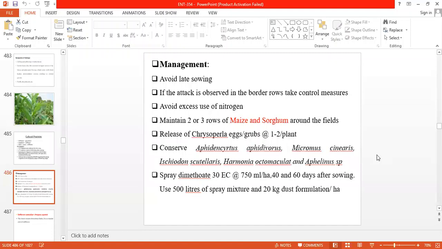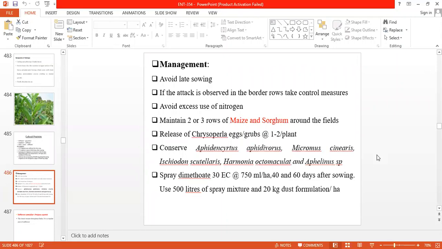If the attack is observed in the border rows, take control measures. Avoid excessive use of nitrogen. Maintain 2 to 3 rows of maize or sorghum around the fields. Release predator Chrysoperla eggs or grubs at the rate of 1 or 2 eggs or grubs per plant.